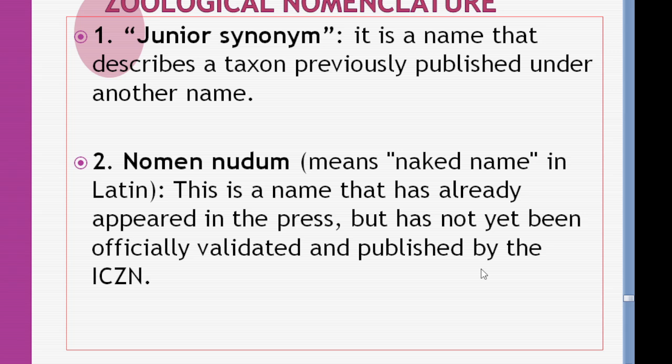The scientist can use and publish this name in the press, but he has to add this term after the name.